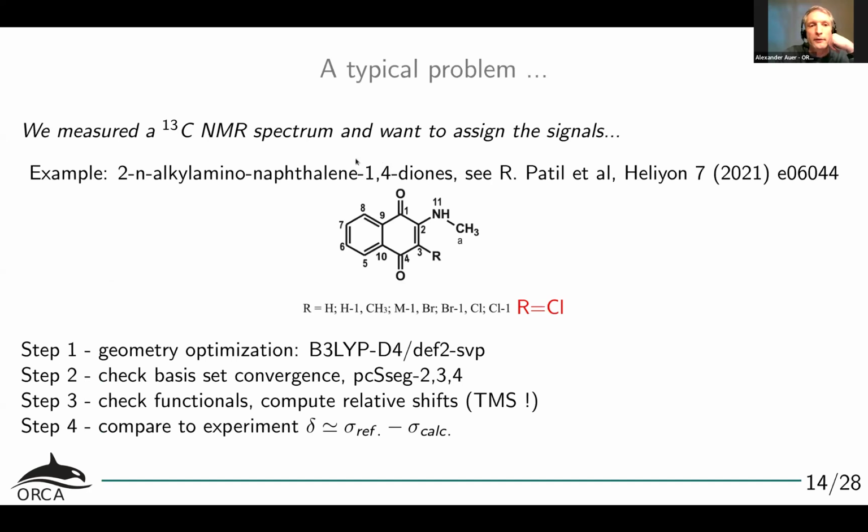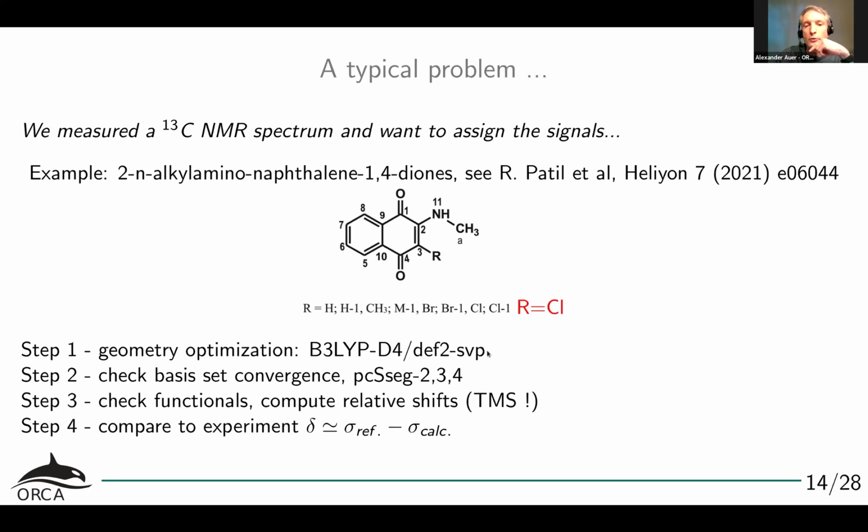Now for an example. I found this example in the literature by Patil. This is a molecule that has been isolated out of a mixture of natural compounds and has been characterized by NMR. We will use this to see whether we can replicate the experimental NMR shifts by doing ORCA calculations.